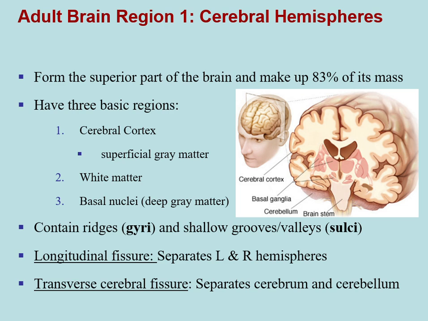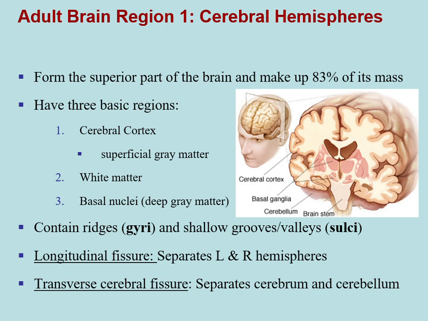The 3 parts are the cerebral cortex, which is superficial gray matter, deep white matter, and very deep gray matter. So gray matter we find embedded in that white matter. Again, this is the part that contains ridges and grooves and valleys. The ridges are called gyri, or singular gyrus, and the grooves and valleys are called sulci, or singular sulcus.